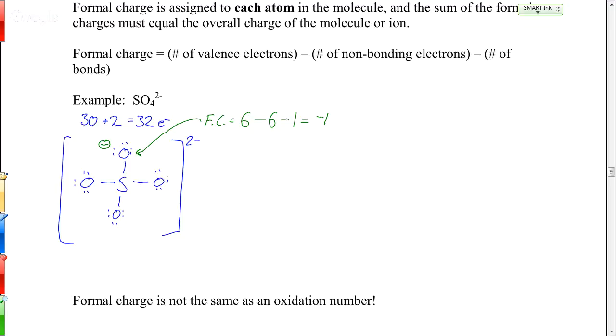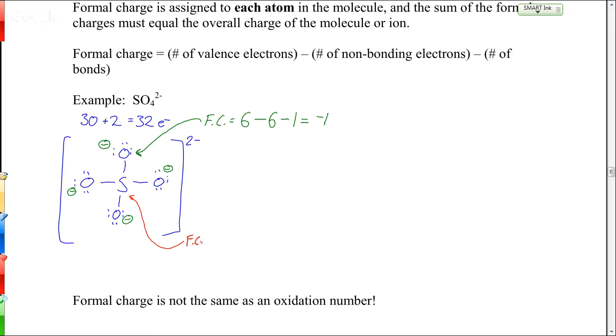Now, you could probably see that the remaining 3 oxygens are all going to have the same formal charge as that one, because they're all in the same situation. They're all oxygen. They all have 3 pairs of non-bonding electrons and 1 bond. So we can just put negative formal charges on all those oxygens. And then the other one we have to calculate is sulfur.